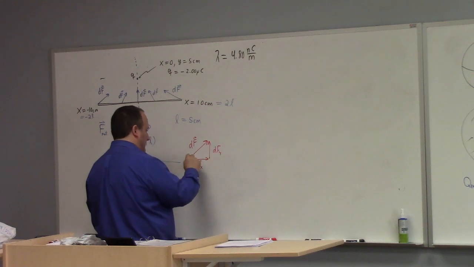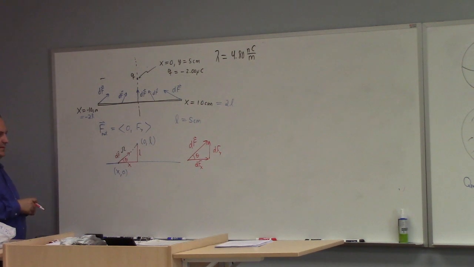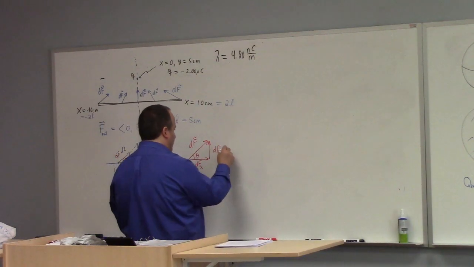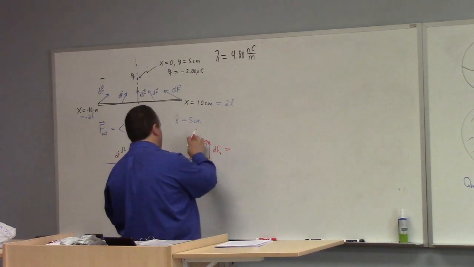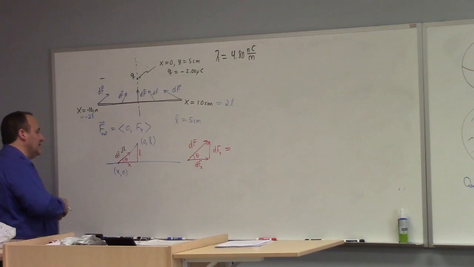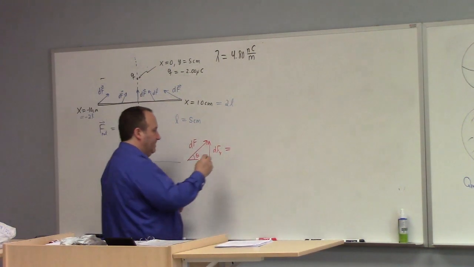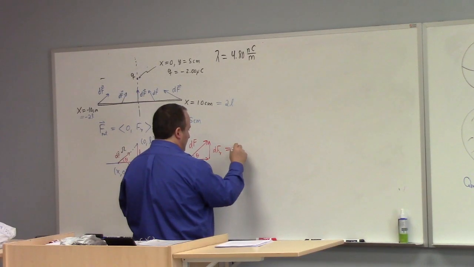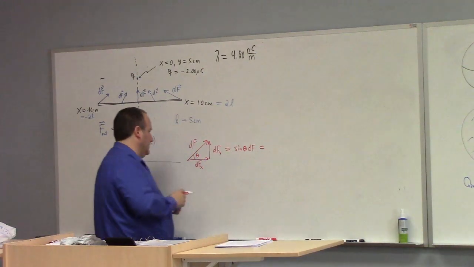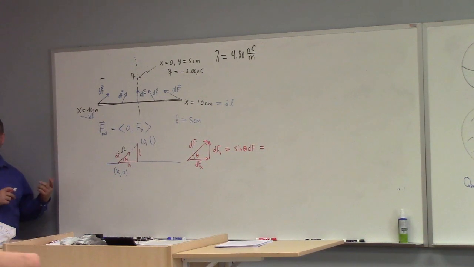It's the same angle though. If this is theta, this is theta. So dFy is apparently what? Just for the magnitude, no vector, dF. Sine theta, right? Very good. So it's sine theta times dF, which in terms of L and x should be L over R, right? What is R?